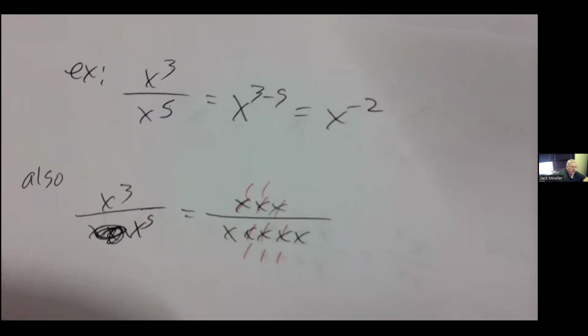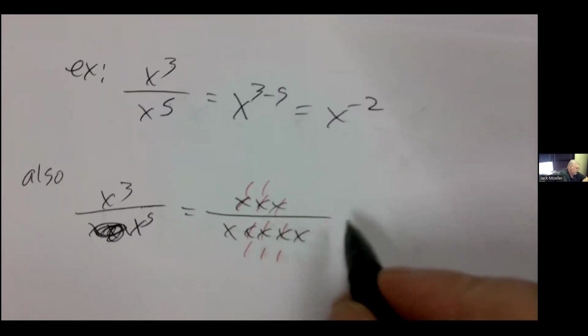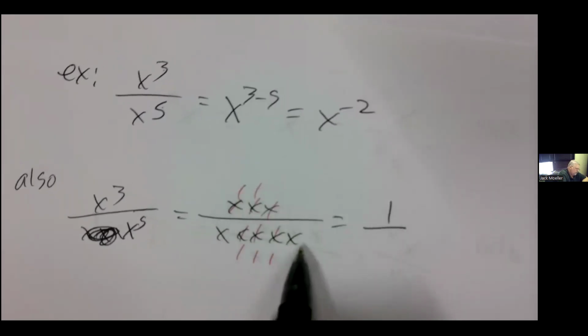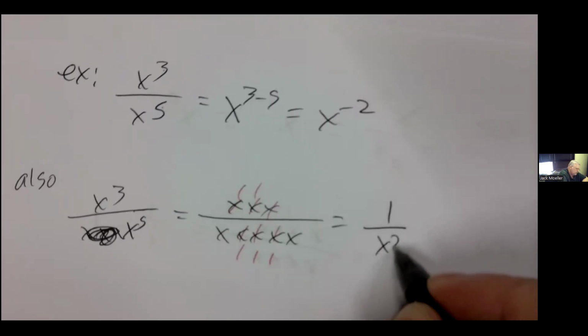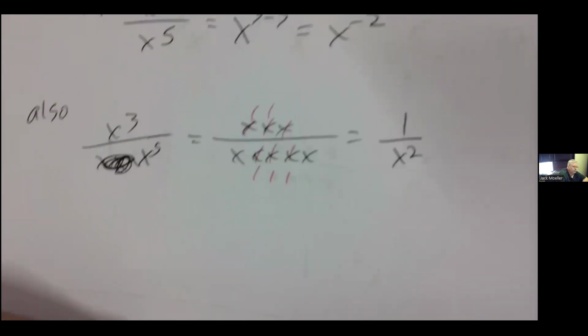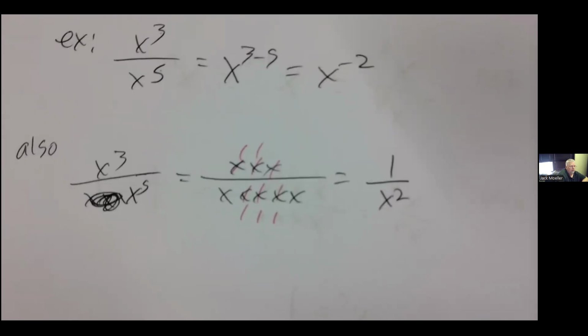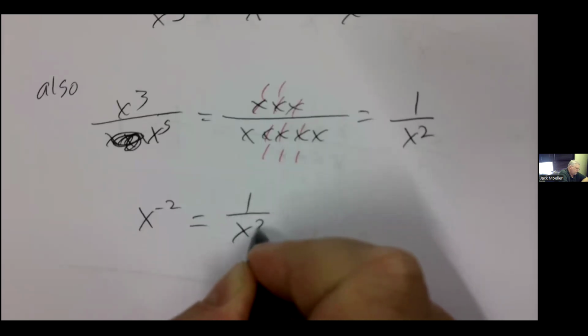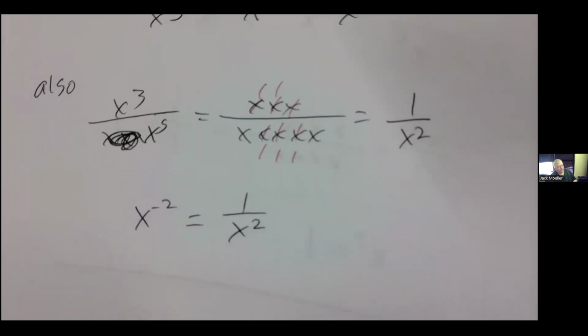So what do we have left? On the top, we have 1 times 1 times 1, which is 1. On the bottom, we have x times x, so it's x squared. So we've done this problem in 2 legitimate fashions, and so that means the answers are the same. So x to the negative 2 is 1 over x squared.